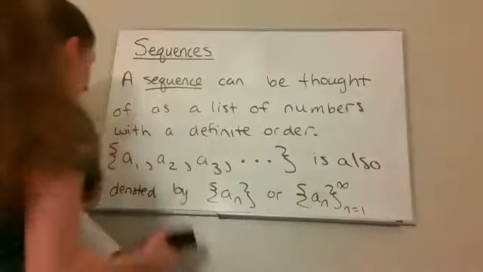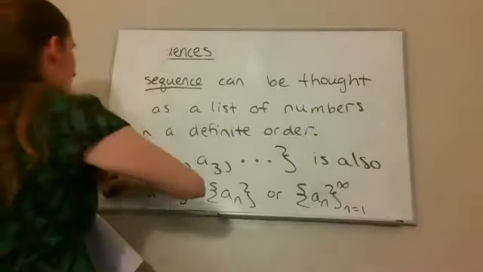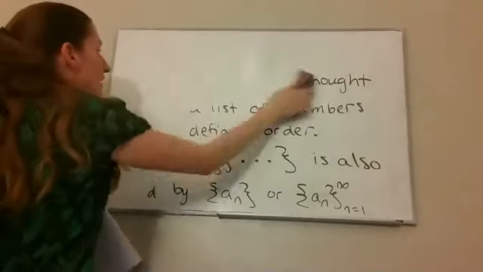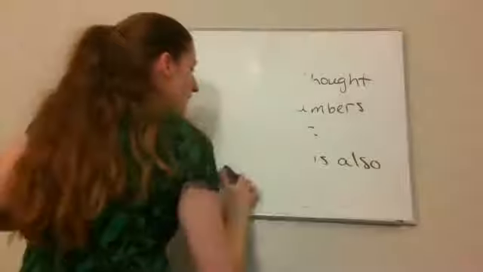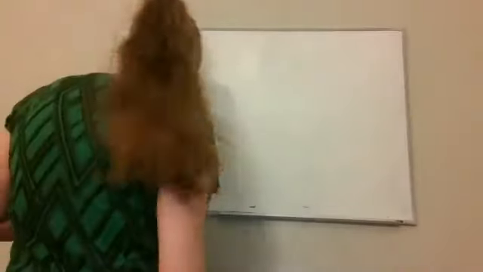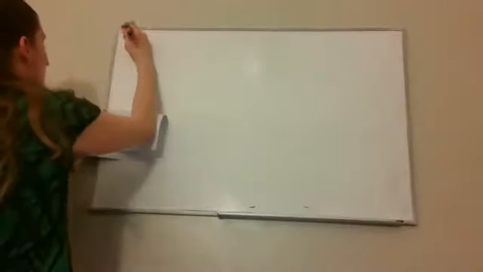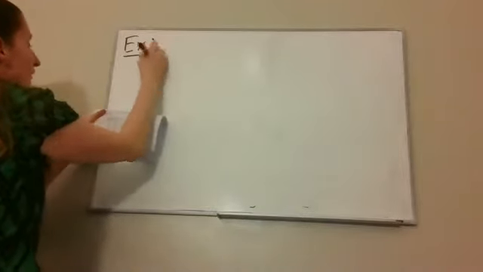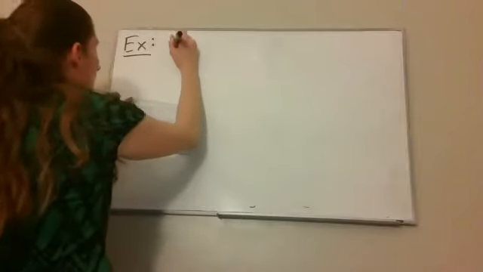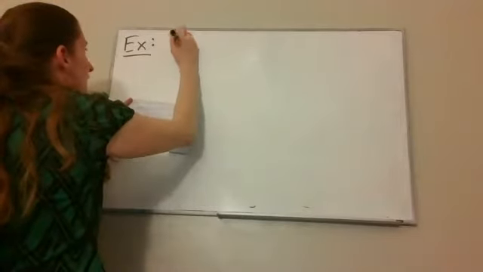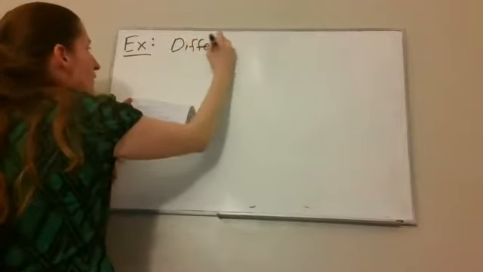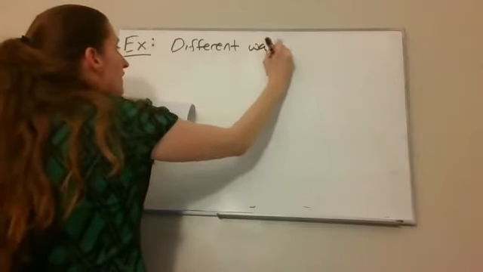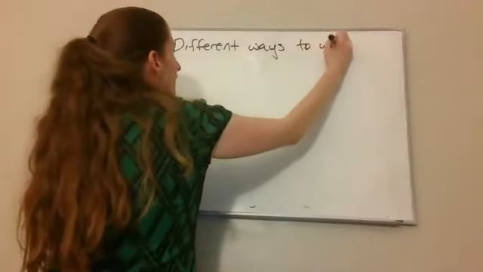Now, sometimes our sequences aren't listed like this. Sometimes they are given to us by a formula. So here are examples of some other ways of writing sequences.